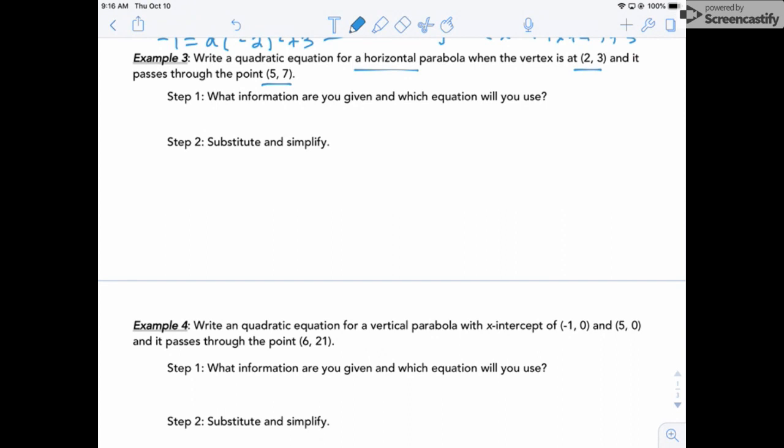Well, this time we're given that it's horizontal. And again, we're given a vertex. So we will be using the horizontal vertex form.